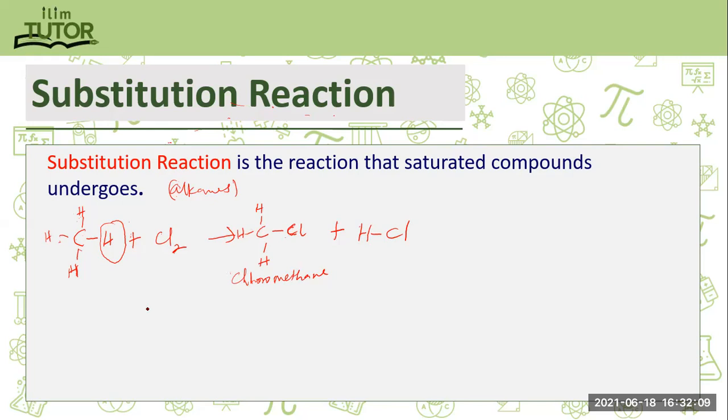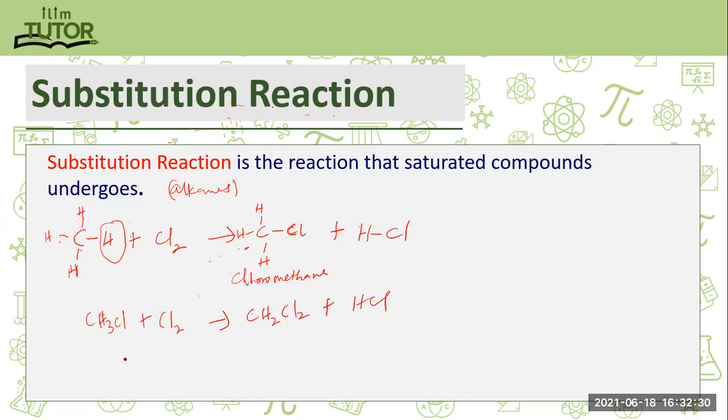Take for instance, I could have CH3Cl, which is another formula for this, a condensed formula, plus Cl2 again. Then the substitution will continue such that I only have CH2Cl2 plus HCl.